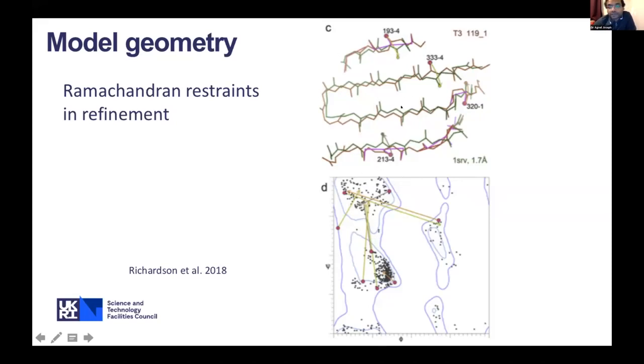Here, it's a beta sheet. If you rotate the carbonyls of some of the residues in the beta sheet, you break the hydrogen bond network, but you can still be in the allowed Ramachandran space, which you will not notice if you're just looking at the Ramachandran map outliers.